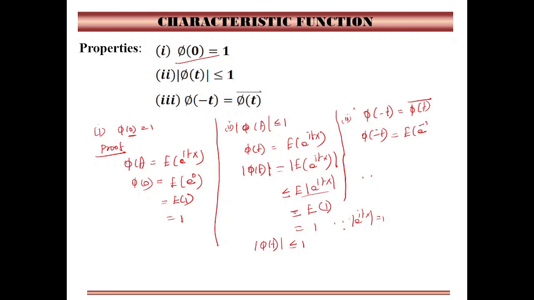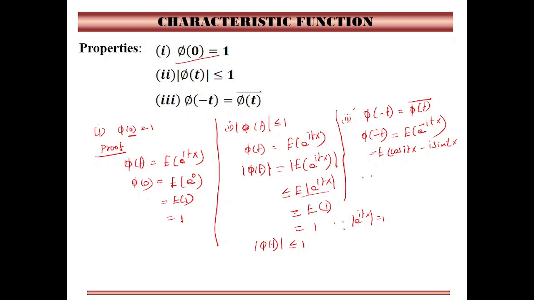So minus itX, which is equal to the expected value of, by Euler's formula, it can be written as cos tX minus i sin tX.